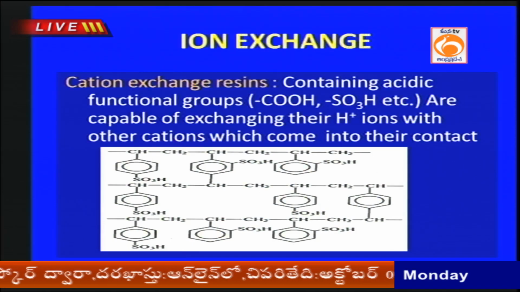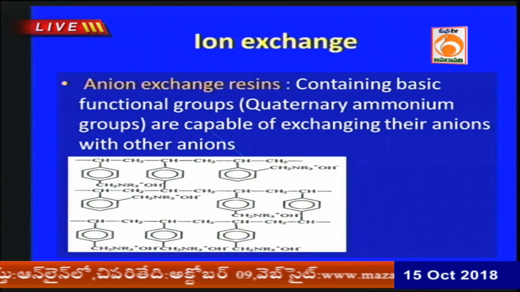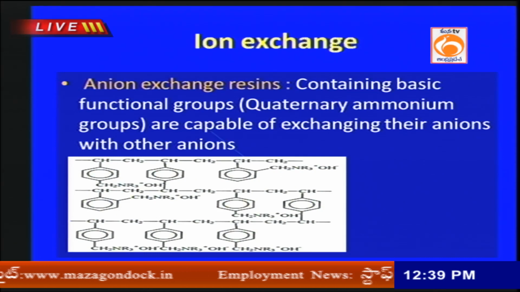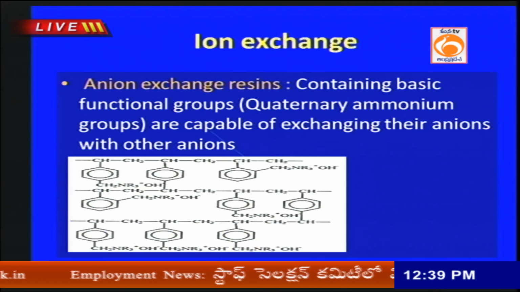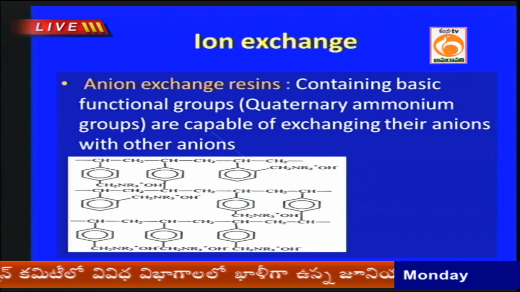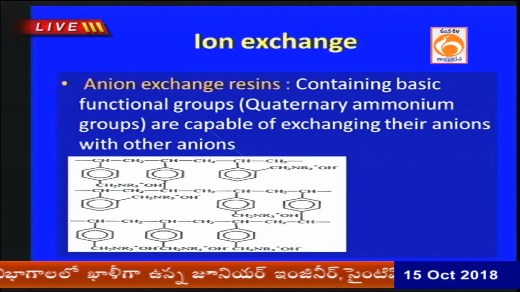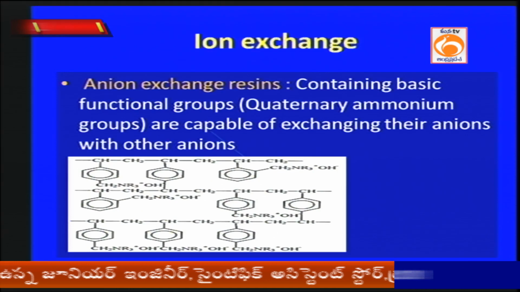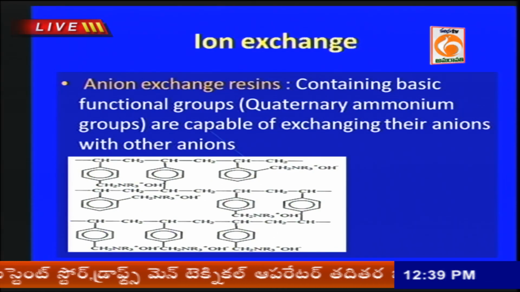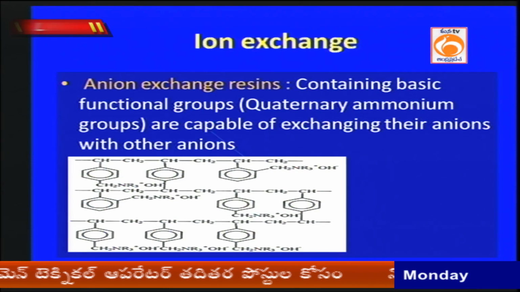Next we will see the anion exchange resin. An anion exchange resin consists of basic functional groups like quaternary ammonium groups. The OH minus ion present in it is exchanged with chloride, sulphate, carbonate and bicarbonate ions.